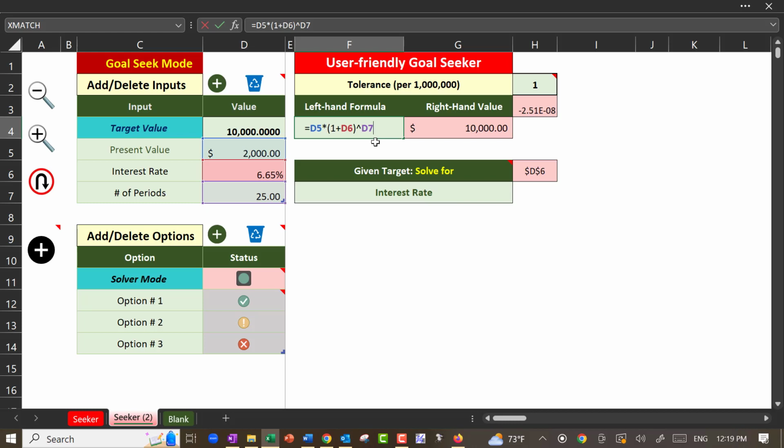Algebraically, you can solve it. It's not that complicated. Let me show you the equation for that. That would be the future value of a growing annuity.